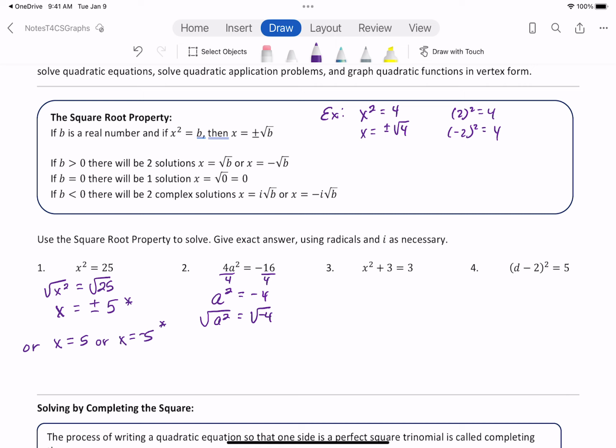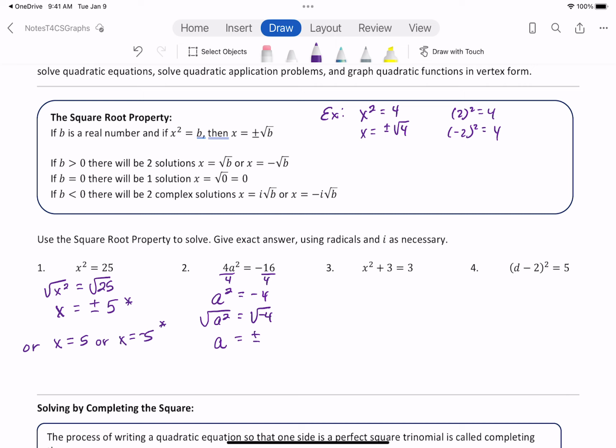So we know again that the square root of a squared term is just that term. We're going to pick up a plus or minus. And now you notice I have the square root of a negative number. If we're in the real number system, then we can't take the square root of a negative number.